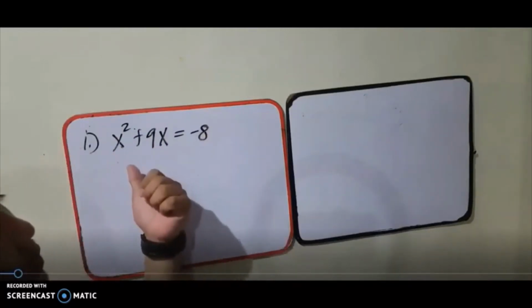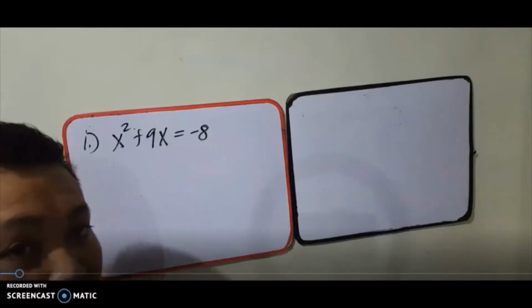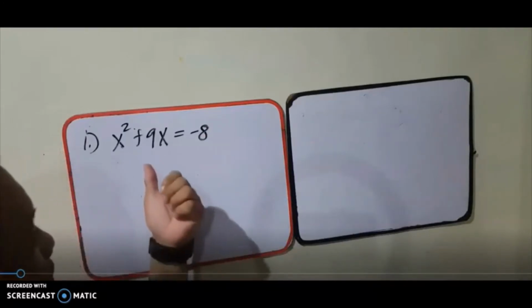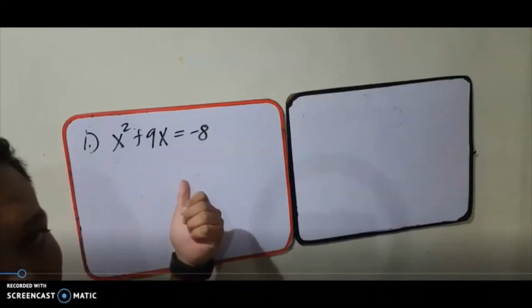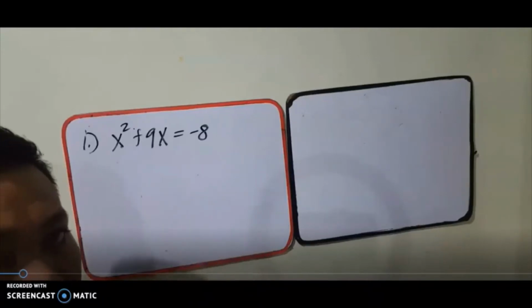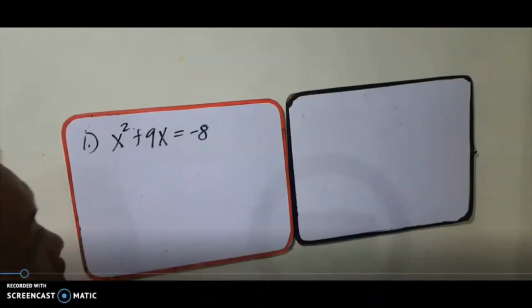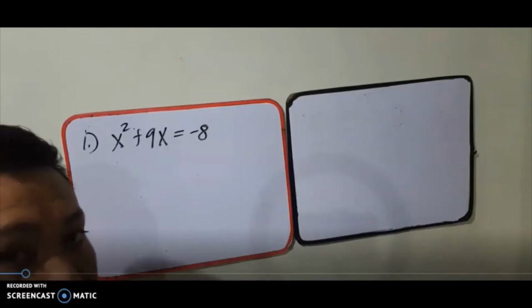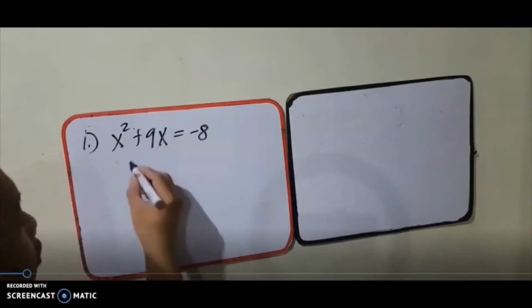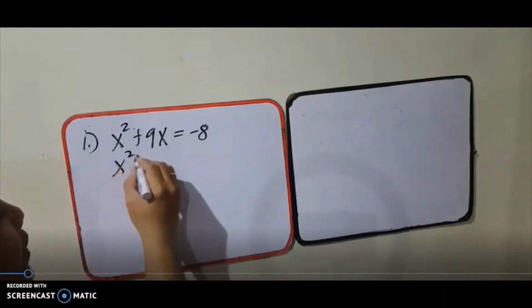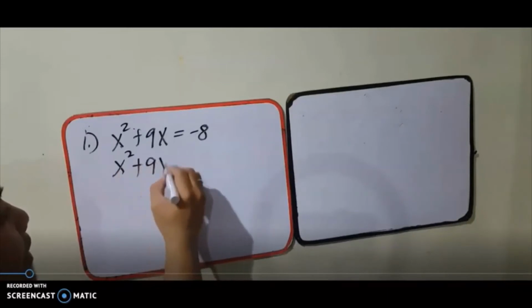So in order for us to solve this quadratic equation by factoring, it's a must that we rewrite this equation into its general form, which is in the form ax squared plus bx plus c is equal to 0. In that case, that will become x squared plus 9x.